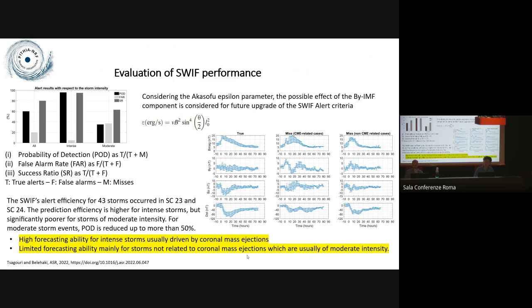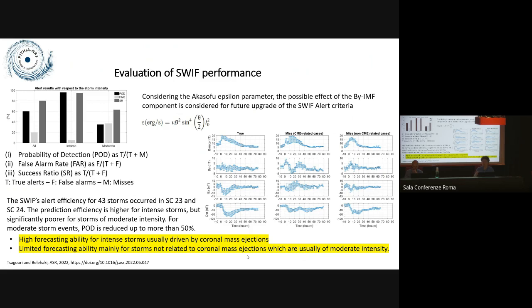Considering the alert criteria, we have done an additional analysis lately, and we have divided the performance of the model based on successful forecast, successful alerts, and missed alerts. And the missed alerts are again divided into categories.